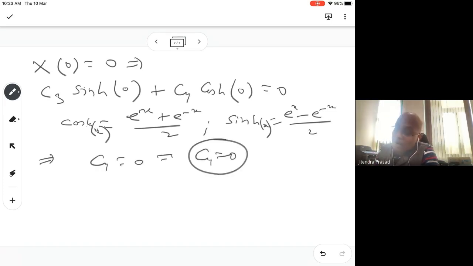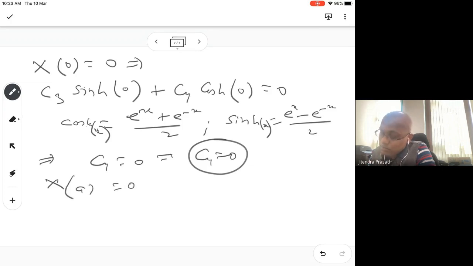Now the second equation is x at a is equal to 0. That tells us C3 sine h root alpha a is equal to 0. Now the thing is, can it be 0?